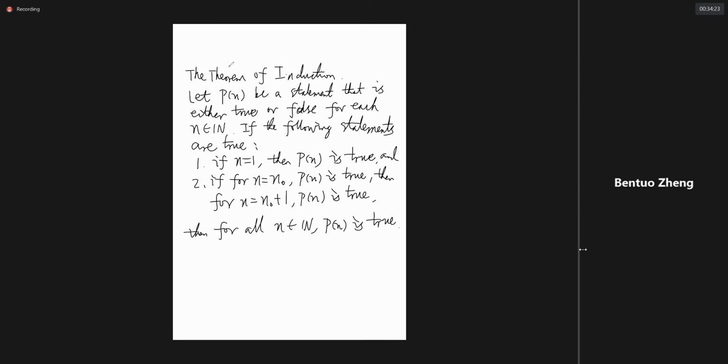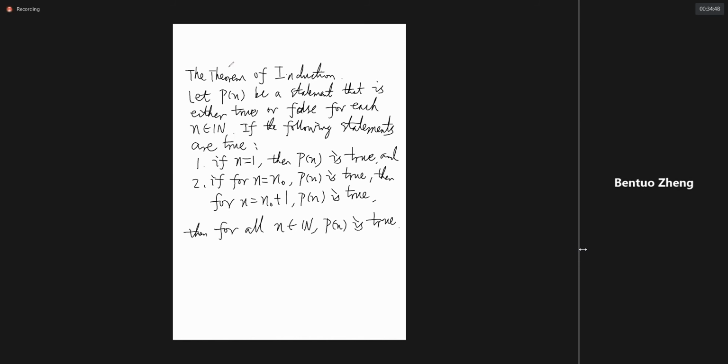The theorem of induction says if you want to prove some statement Pn about natural numbers is true, then you have to prove the following two things. The first thing is you check the initial case, which is for n equals 1, the statement P1 is true. That's the initial step.